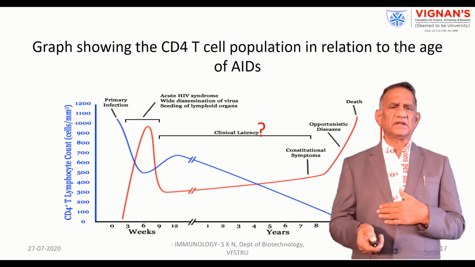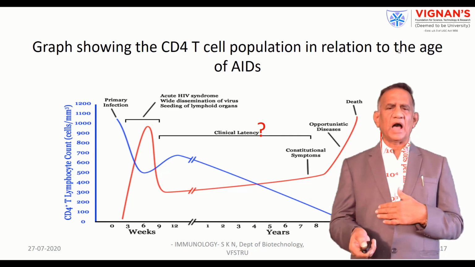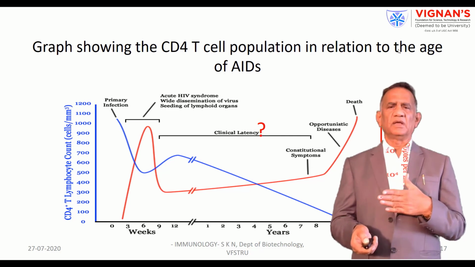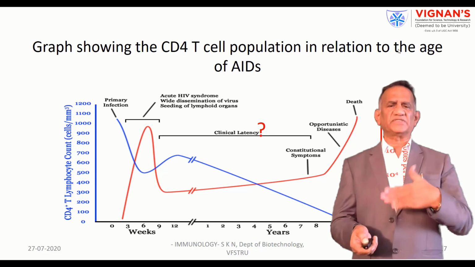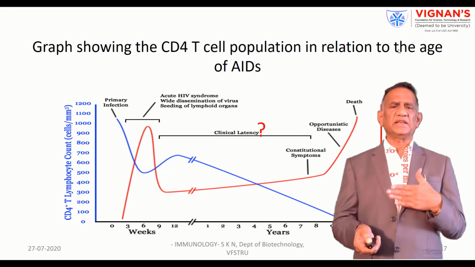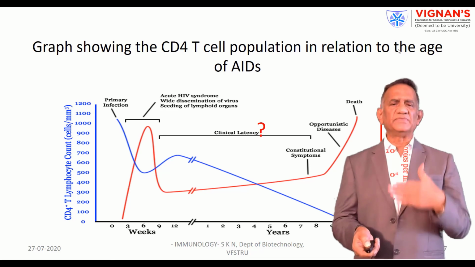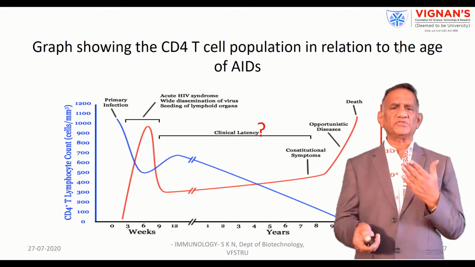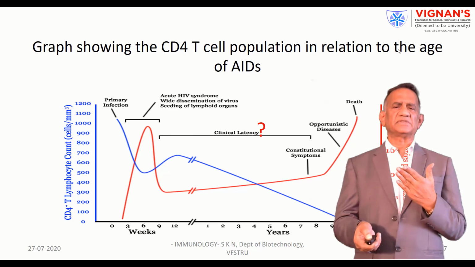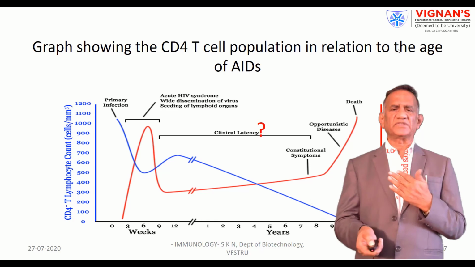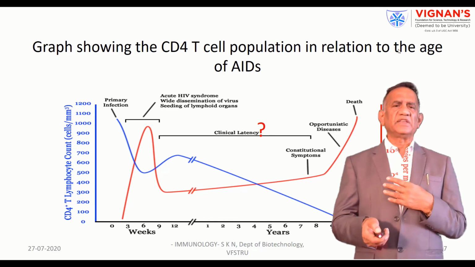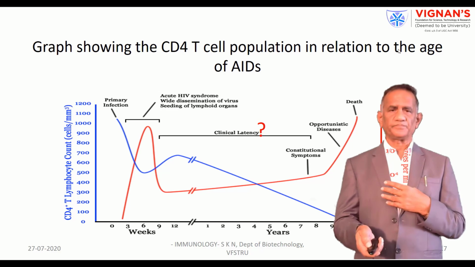After these 8 years, the T cell population keeps going down, dwindling to 100. Once the T cell population goes down, he will face opportunistic diseases, that is, other infections, because the T cell is the master immune cell. If there is no master immune cell, he is exposed to opportunistic infections. As a result, death occurs nearly 10 years after the infection. So here again the T4 cells are involved.